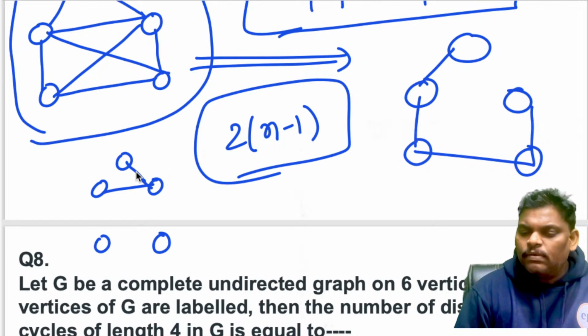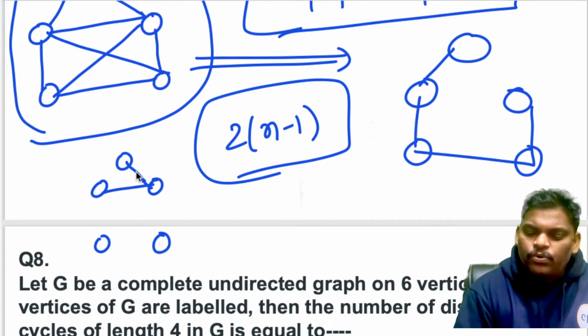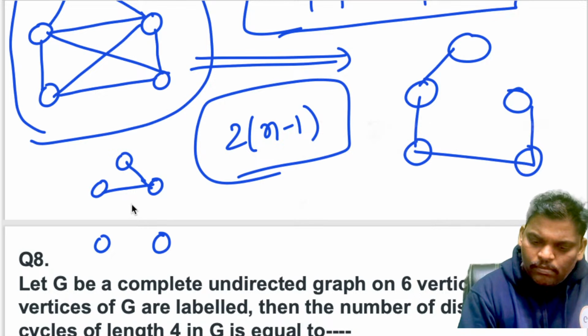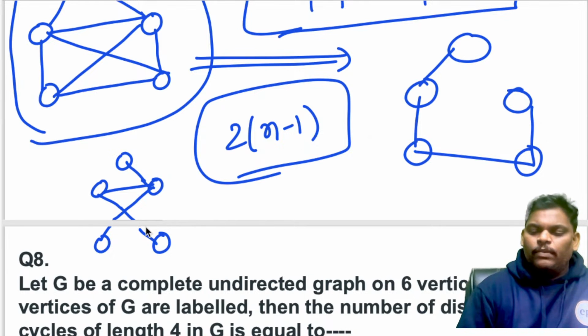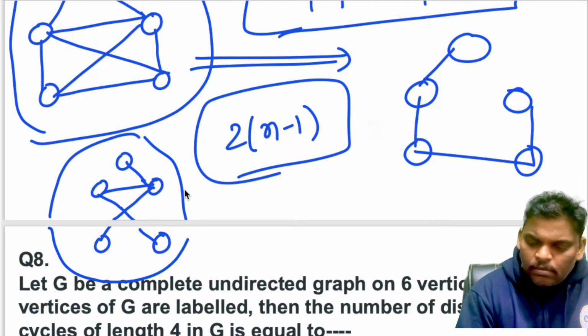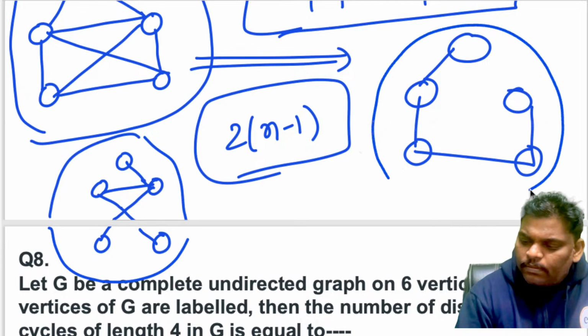Five plus 3, 8. So this is one more spanning tree. This is one spanning tree, this is one more spanning tree.